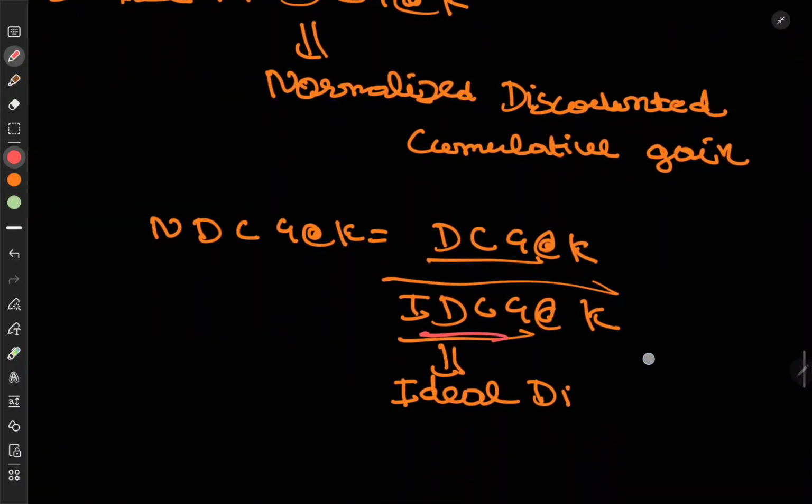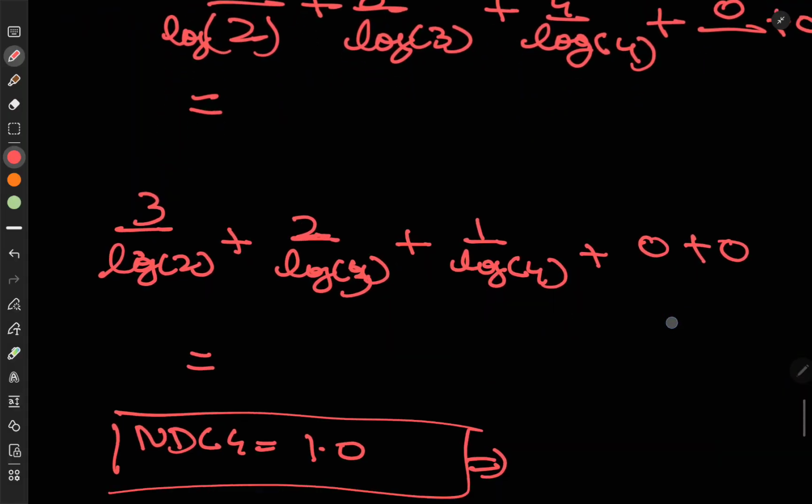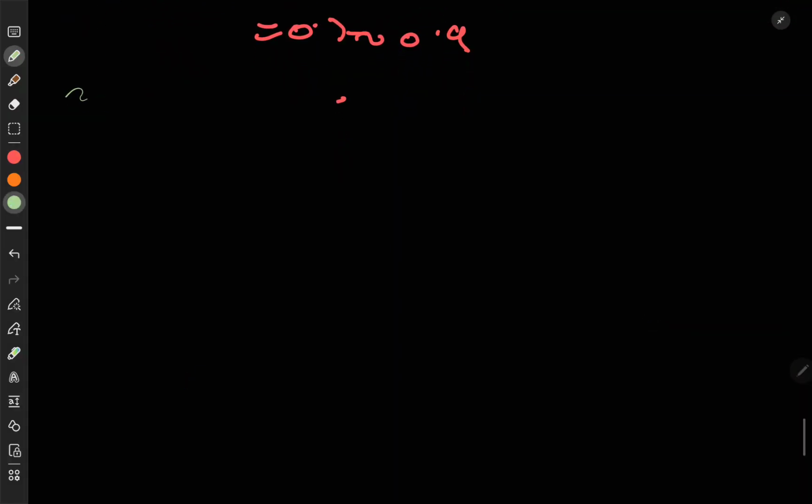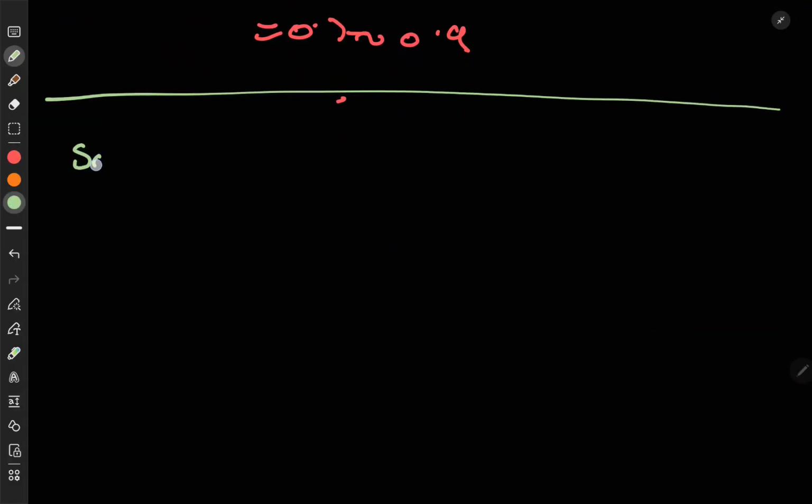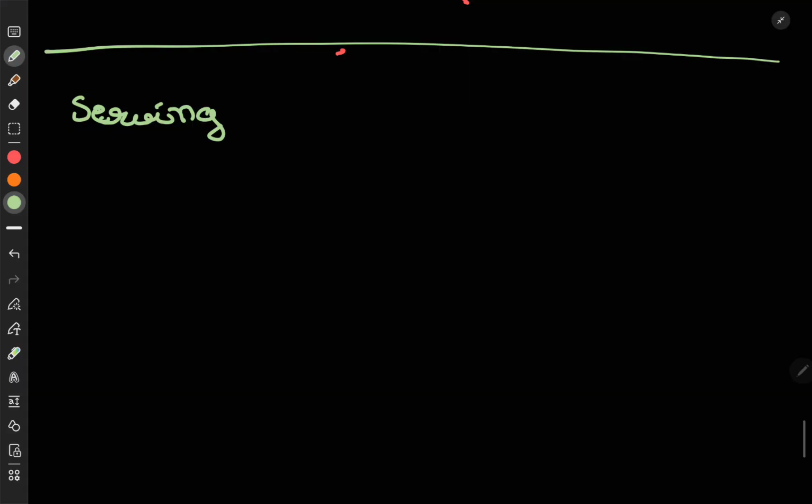Now coming to the last part, that is the serving. See, for serving, how are we going to take care of that? In serving, if you think logically, there should be two things. One should be a prediction pipeline, which predicts what post we are going to show to the user.